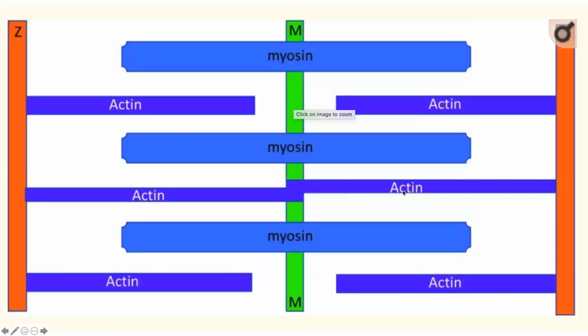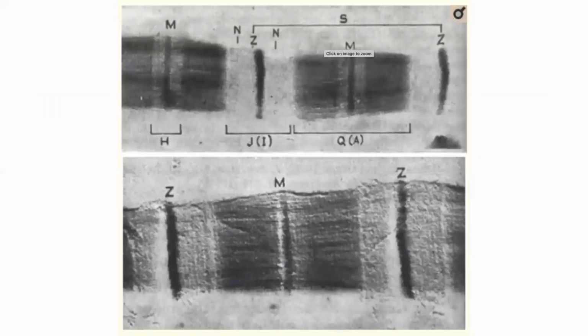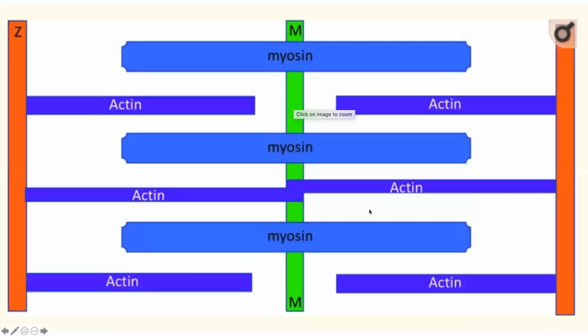If you look at that electron microscopic picture, and now we look at this diagram, I'm going to show you again: two Z lines with the M line in the center, and the fibers running from one Z line to the other.